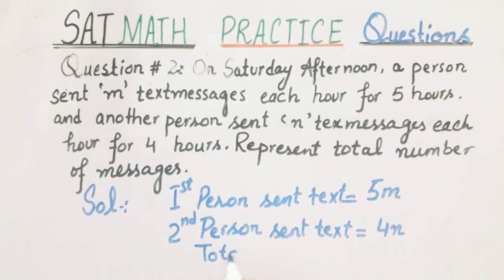So the total will be equal to the sum of both, that will be 5m plus 4n. So this will be the final answer.